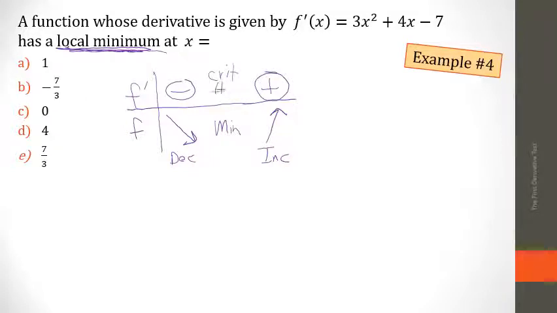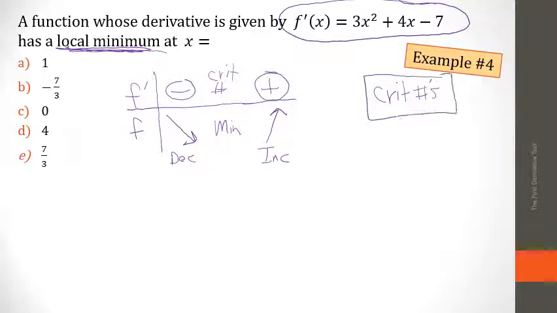So it could be a 0, it could be a DNE. You are given the derivative right here. So if you're going to find the critical numbers of your derivative, and there's more than one way to do this problem, by the way, to find the zeros, you could graph it and find out when 3x squared plus 4x minus 7 equals 0. And there's no DNE.